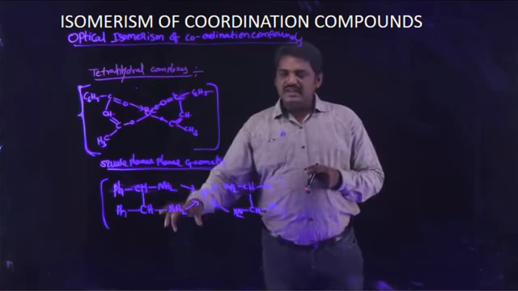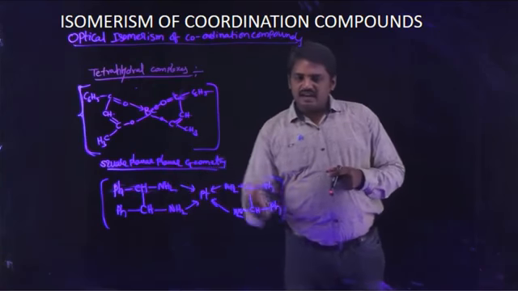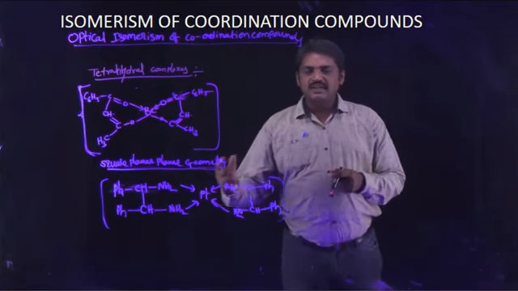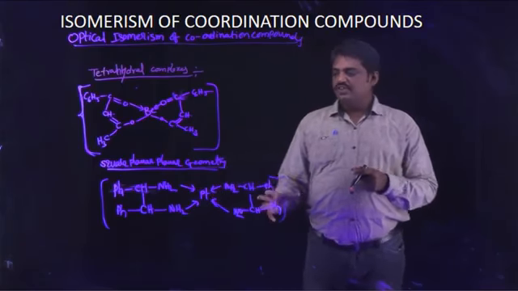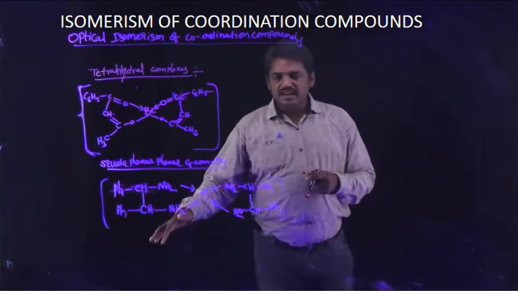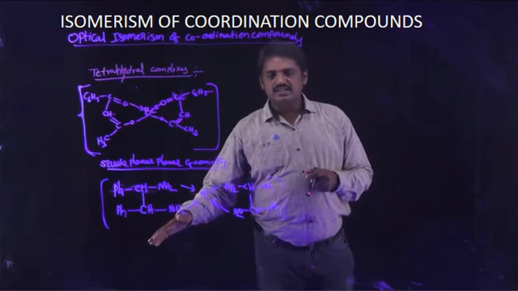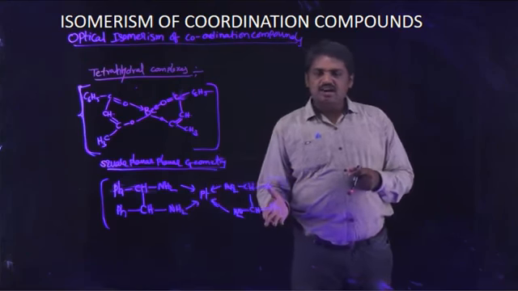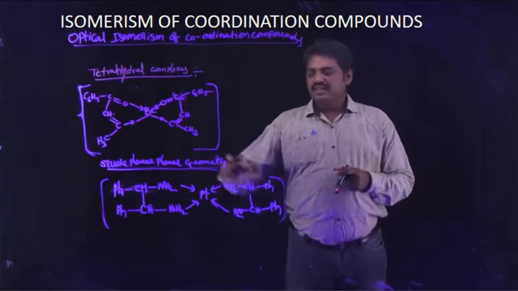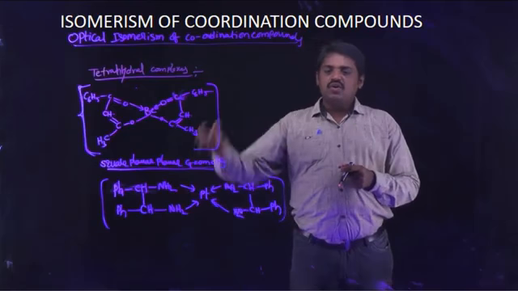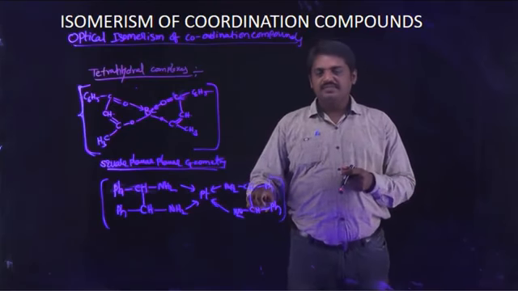Both the left hand side and the right hand side contain 2 donor sites each, so totally in this complex 4 donor sites are there.